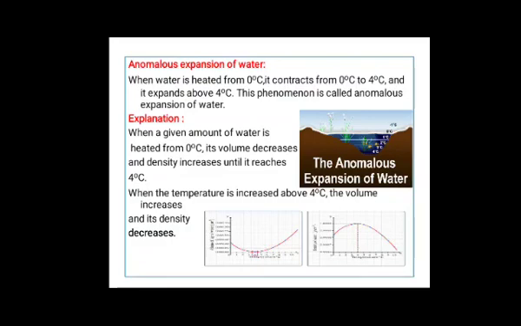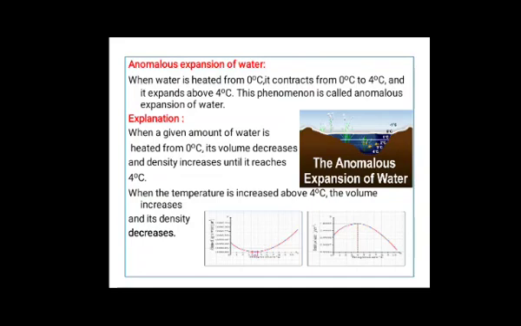This anomalous expansion of water has an important environmental effect. Because of this anomalous expansion of water, ice forms first on the surface of the lake. As the lake cools towards 4 degree, the density of water on the surface increases and it sinks.